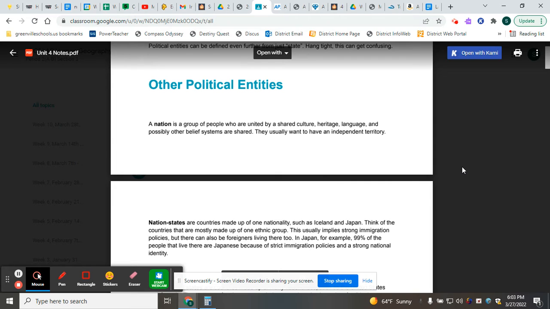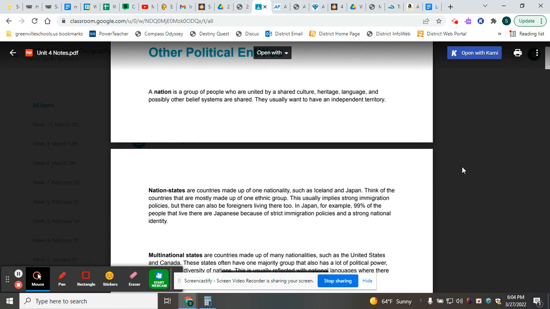A nation in reality is a group of people who are united by a shared culture, heritage, language, possibly other belief systems are shared. They usually want to have an independent territory, and a nation of people may not.